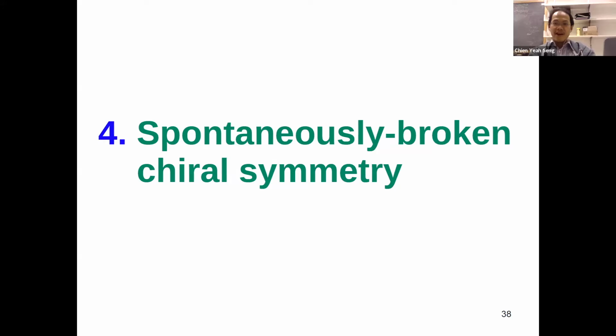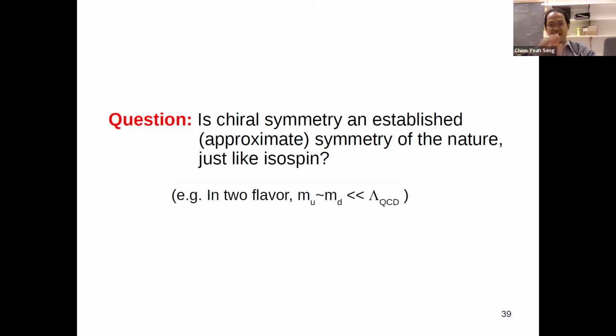So now we have mentioned theoretically that if we take all the quark masses to 0, then chiral symmetry is there in QCD. And now we want to go back to reality and ask the question: is chiral symmetry really an established symmetry in nature, an approximate symmetry, just like isospin?